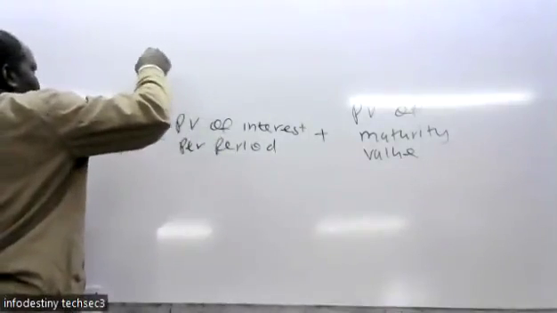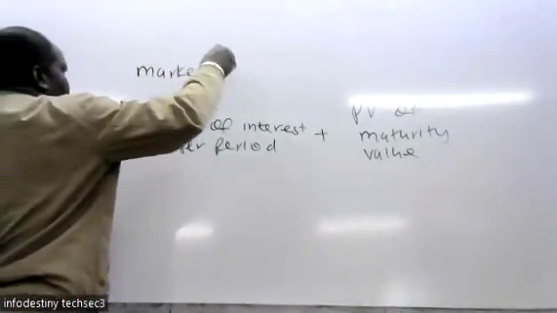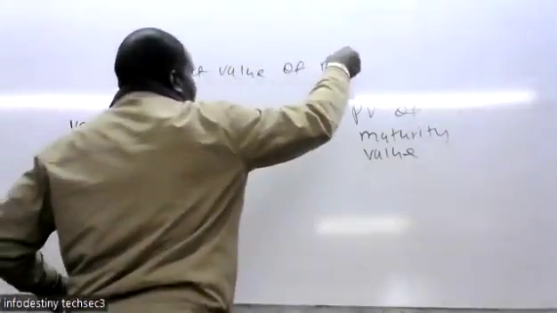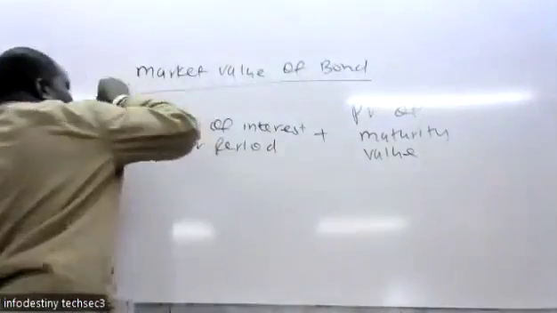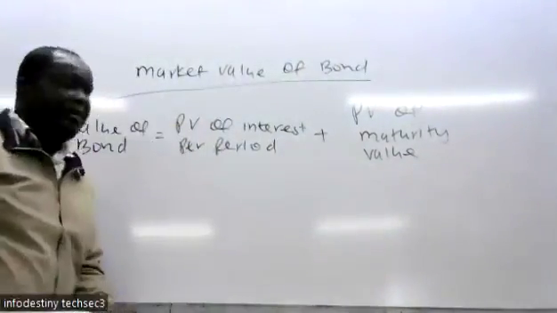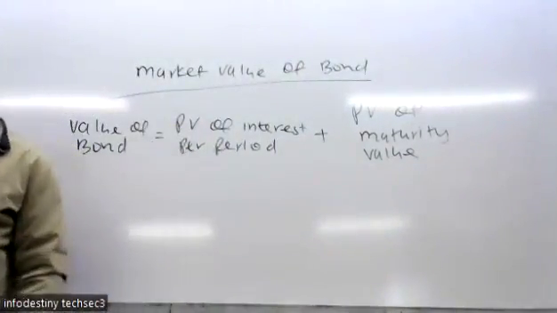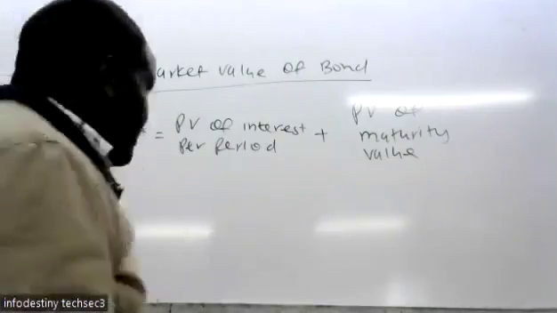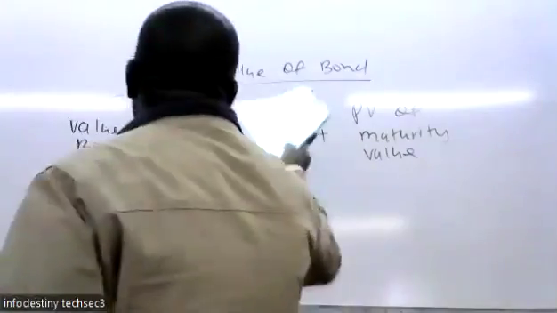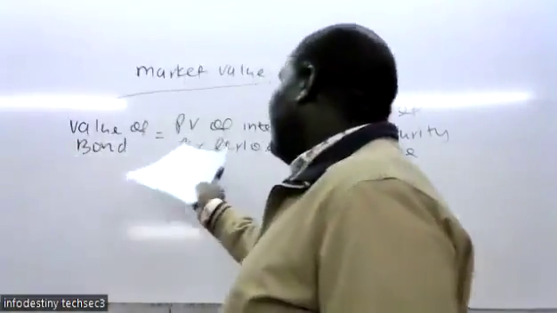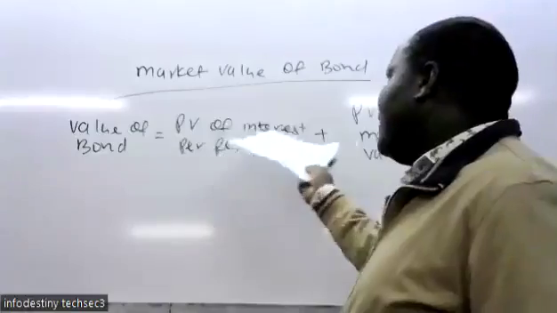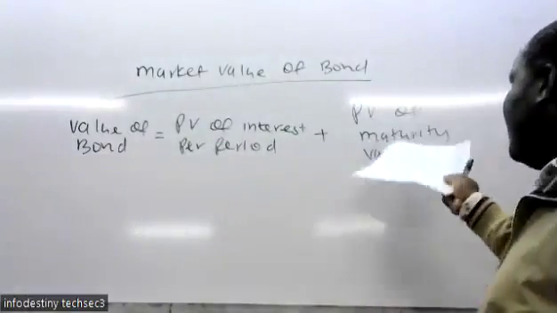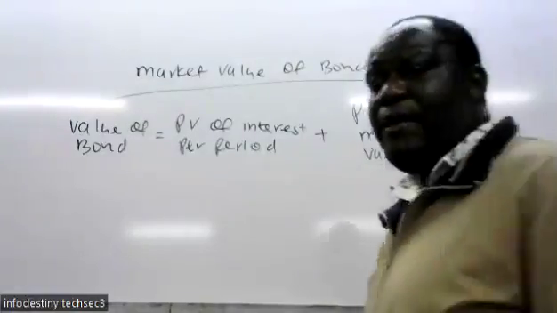So this is how to calculate the market value of the bond. First, we calculate the interest. To get the value for the bond is equal to present value of the interest per period, then we add present value of the maturity value.